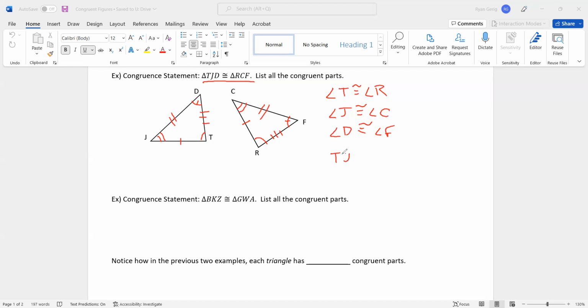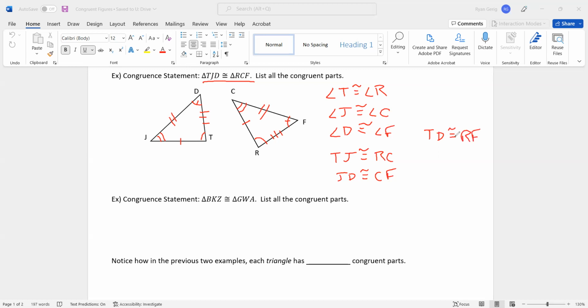TJ is congruent to RC. JD is congruent to CF. And the last one, TD is congruent to RF.